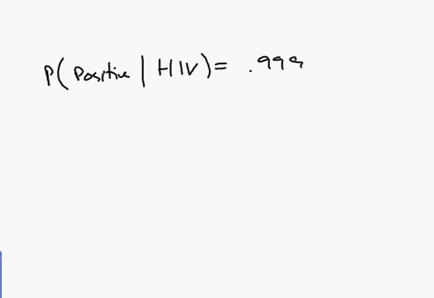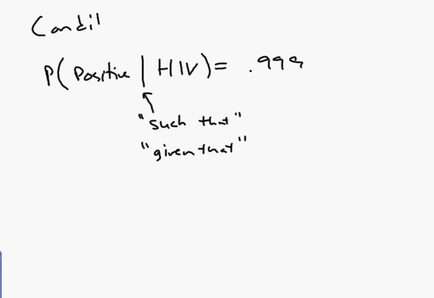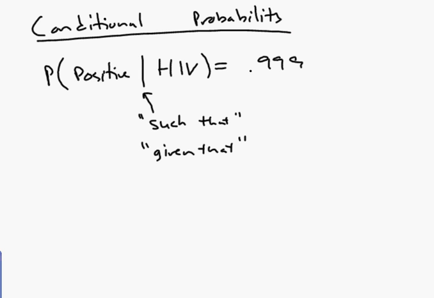This little vertical bar sometimes means such that, or given that. When you write something like this, it is referred to as a conditional probability.